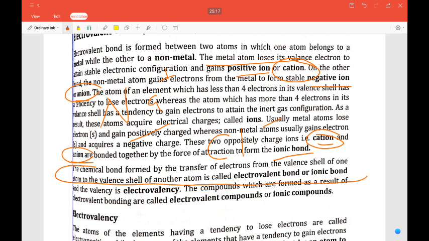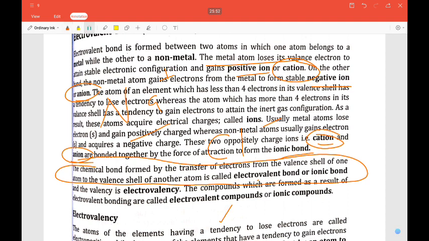So let's see one definition here. The transfer of electrons from the valence shell of one atom to the valence shell of another atom forms an ionic bond. Valency here is called electrovalency.